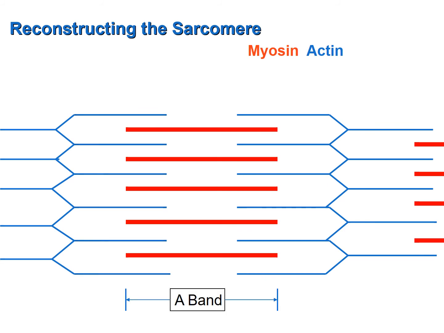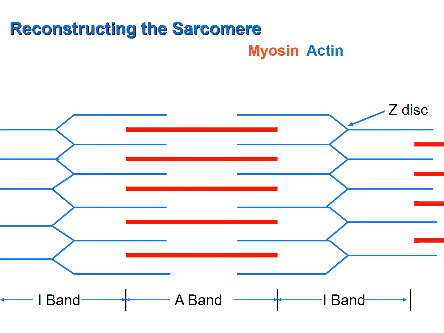What we refer to as the A band or dark band is where we have the myosin filaments. Notice that the myosin or thick filaments do overlap with the thin or actin filaments. The I band or light bands exist where we have only the thin or actin filaments.